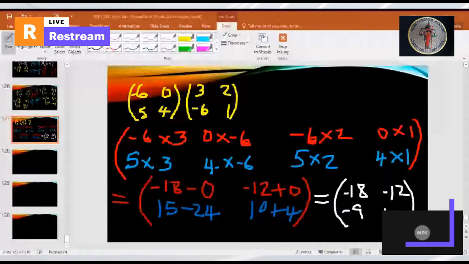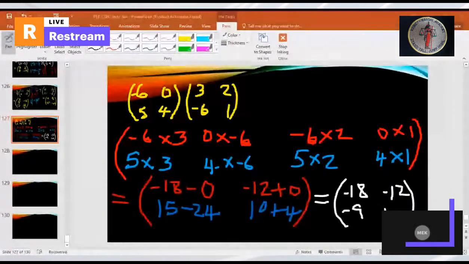Did you understand the scalar multiplication? And now that we've gone on to the regular matrix multiplication, so we're multiplying a 2 by 2 matrix by another 2 by 2 matrix. For those who are not quite getting it, let's revise what we did.